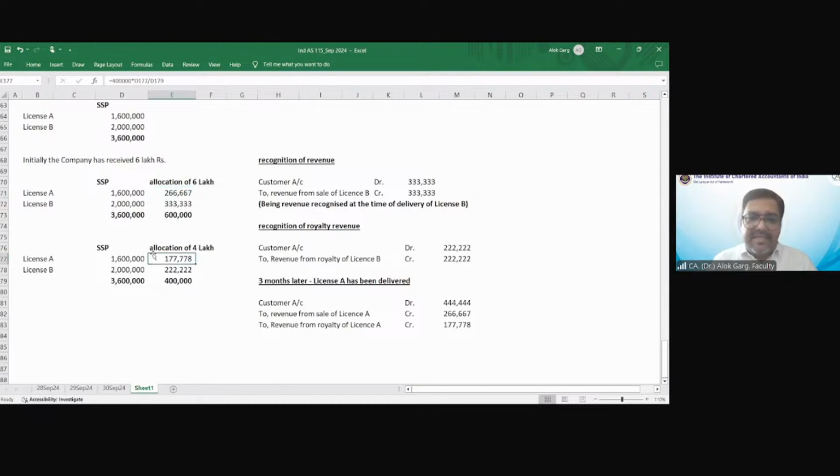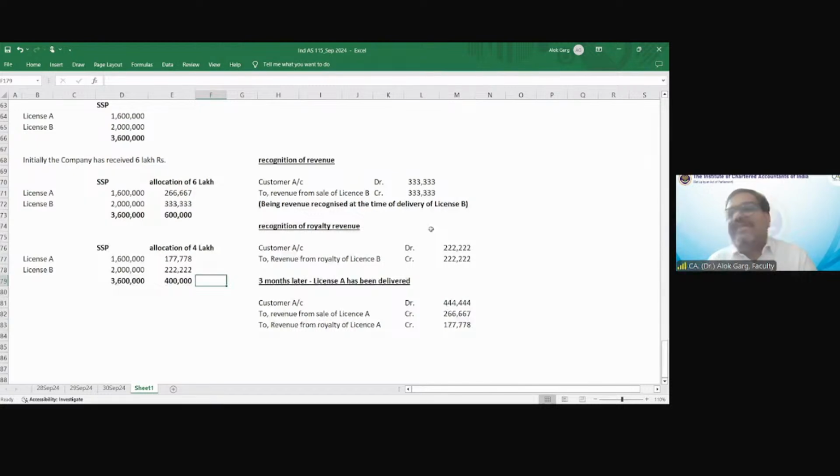So in this case, if you see, the 4 lakh rupees, the entity has received 4 lakh rupees from the customer. The royalty was 4 lakh rupees, so what will be the entry? Bank account debit 4 lakh to revenue 2,22,222, to what? To contract liability, deferred revenue. Okay. So in the present case, we have considered credit sales.